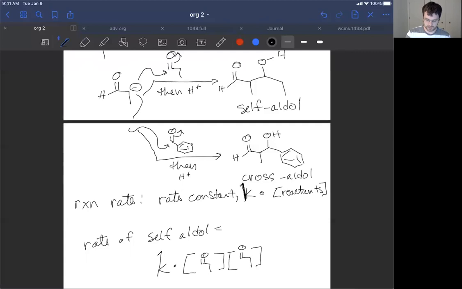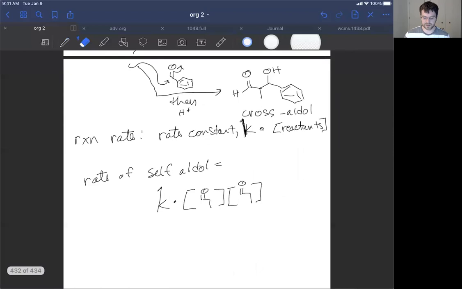One is, I suppose, the enolate. Okay, sure. But because the rate of enolate formation is fast, we can just assume that it's the concentration of these two reacting partners. I suppose, is it the base? Well, if the base is involved, I don't think so, because it's not the rate determining step. Okay, so it's the concentration of those starting materials squared.